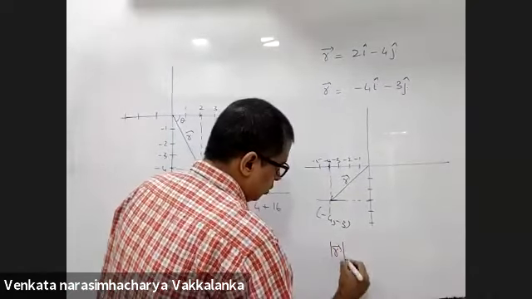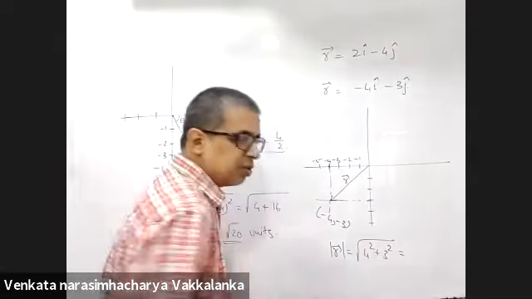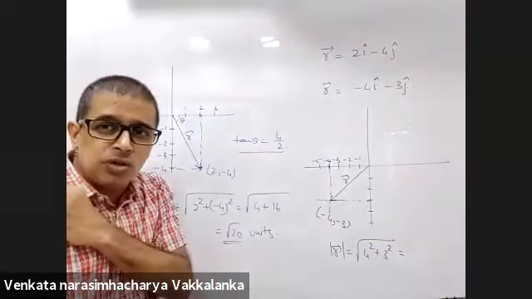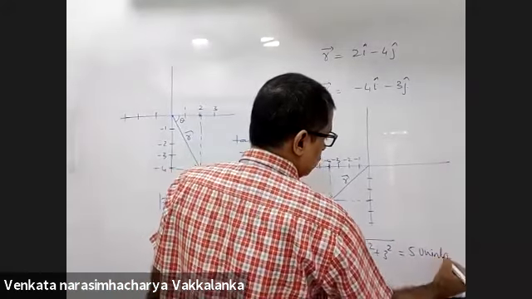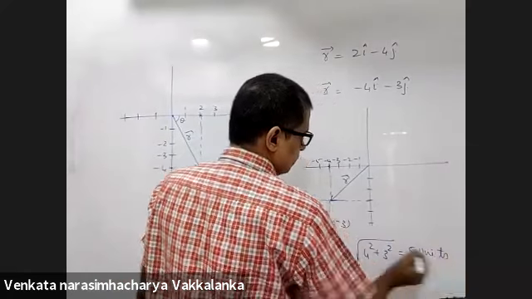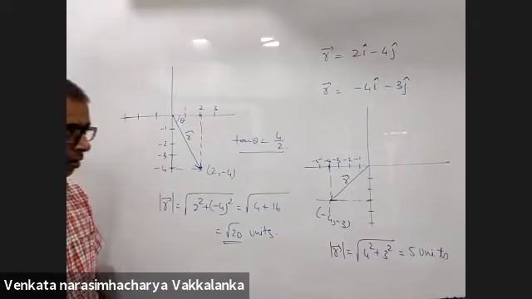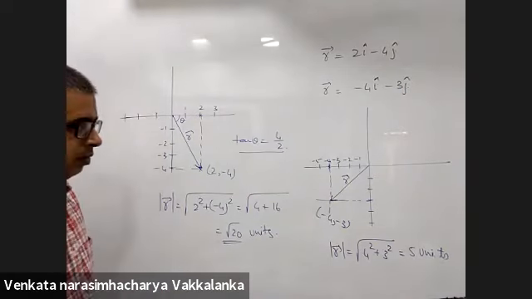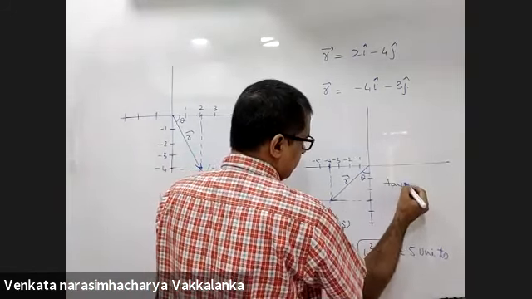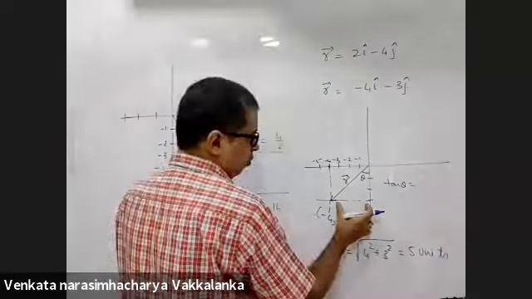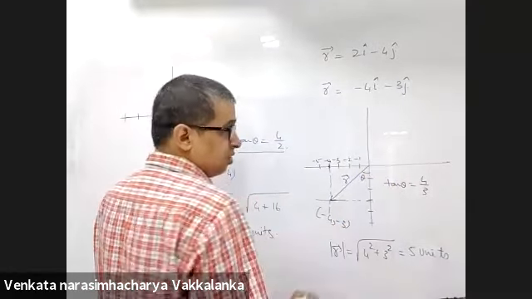What is the magnitude of this vector? Root over of 4 whole square plus 3 whole square. Technically minus 4 whole square plus minus 3 whole square will turn out to be 5 units. Now, if you take this angle to be theta, then tan theta is equal to 4 by 3, opposite side by adjacent side.